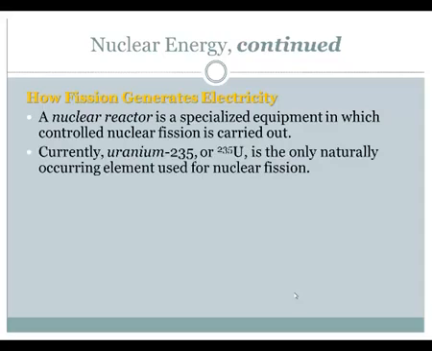So currently we use uranium-235, or U-235. It's the only naturally occurring element that's used for nuclear fission. We can synthetically make things like plutonium in a lab that we can actually use for a reaction, but typically we use uranium-235.